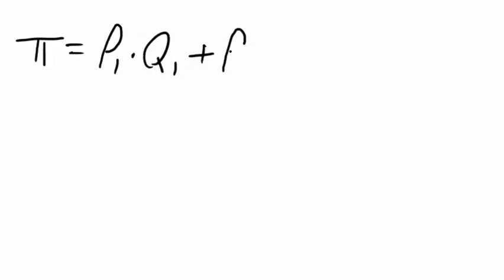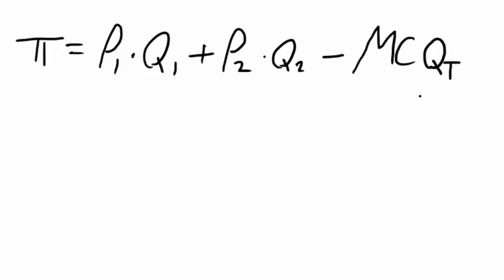Last but not least, we want to find our profit from price discriminating. Our profit function is a bit different here, but only because we're adding two separate profits together. Profit equals P1 times Q1, the revenue for the first group, plus P2 times Q2, the revenue for the second group, minus marginal cost times total quantity, where total quantity is Q1 plus Q2. This is our total cost altogether.